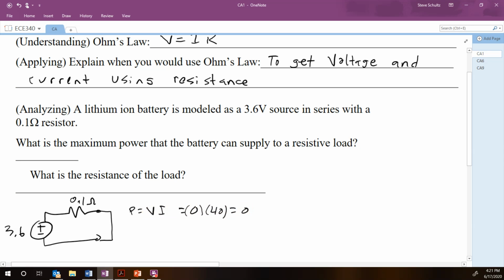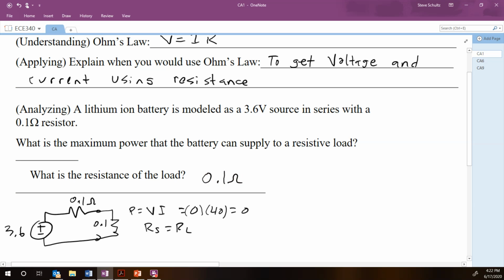So how do I get the maximum power that it can provide? Oh, this is a maximum power problem. In a maximum power problem, I want R of my supply to be equal to R of my load. So I'm going to put in a 0.1 ohm resistor. What is the resistance of the load? 0.1 ohms.